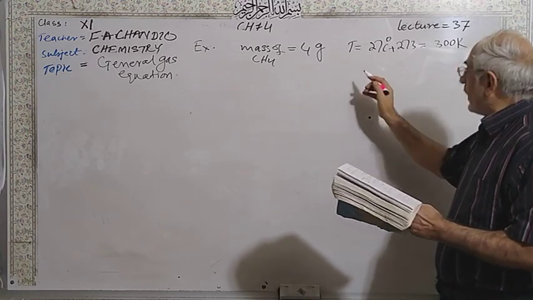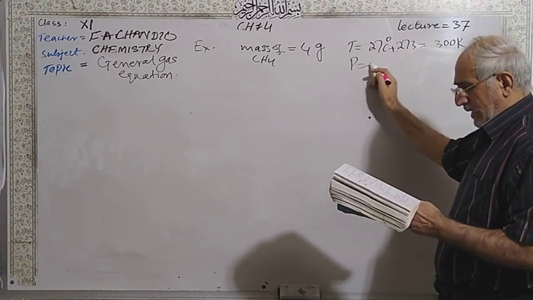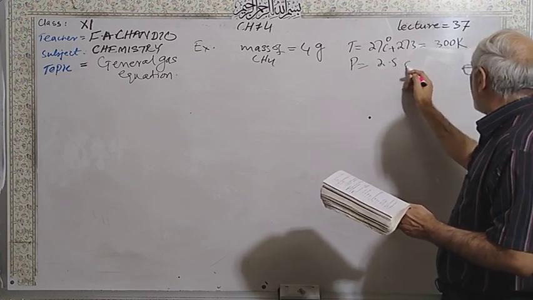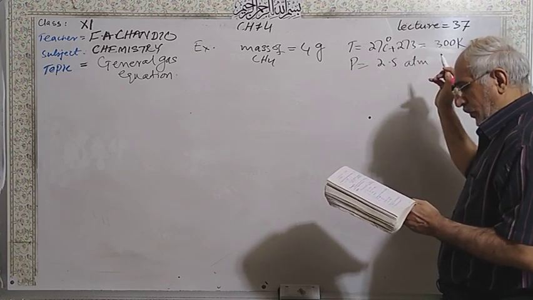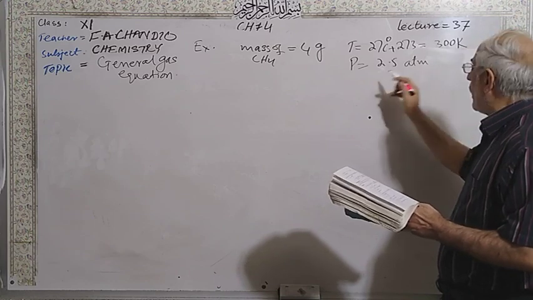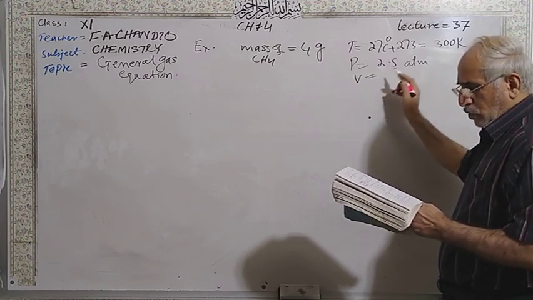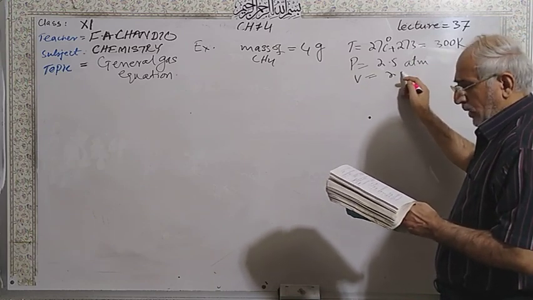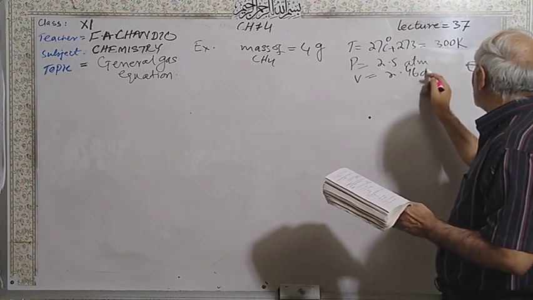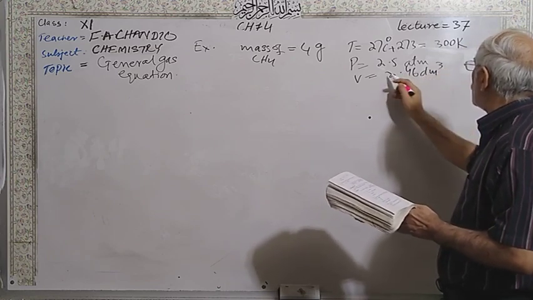Pressure is 2.5 atmosphere and the volume is 2.46 decimeter cubed.